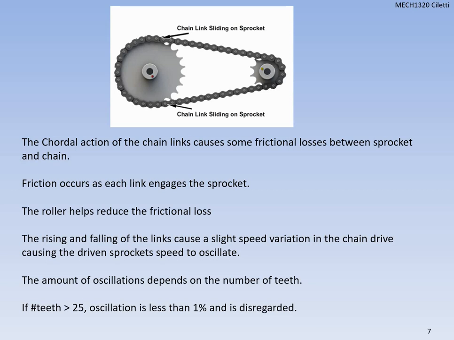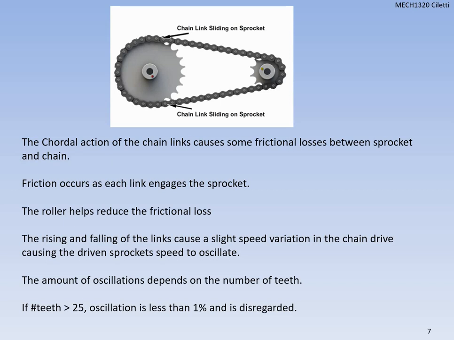The chordal action of the chain link causes some frictional losses between the sprocket and the chain, because we're engaging and disengaging on the teeth of the sprocket. But we have rollers on the chain that help reduce that frictional loss, kind of like a bearing, very similar, not exact.